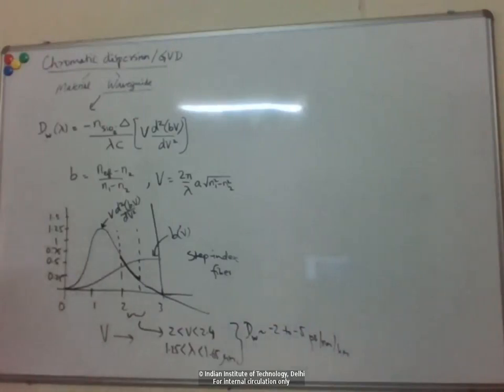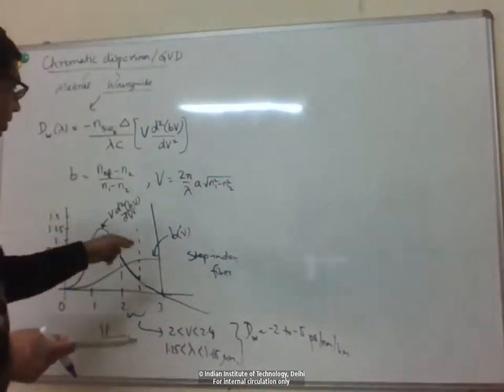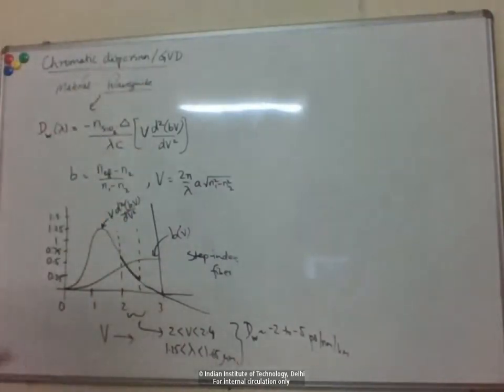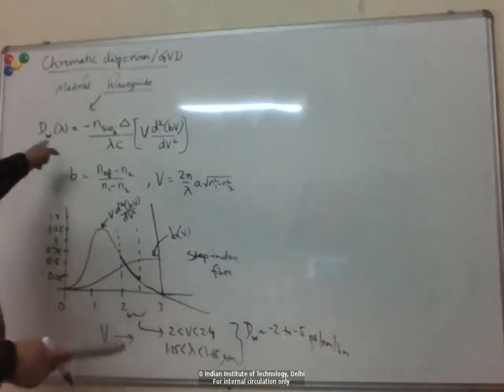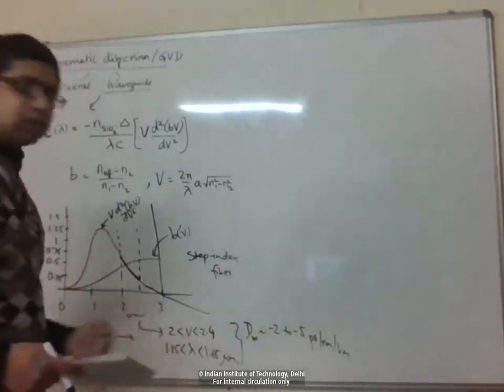If you recall the material dispersion, which we discussed last time, that was positive for wavelengths above 1.3, or 1.27 micron, when it crossed 0. So you can see that the waveguide dispersion is of opposite sign to the material dispersion for the telecom range wavelengths.